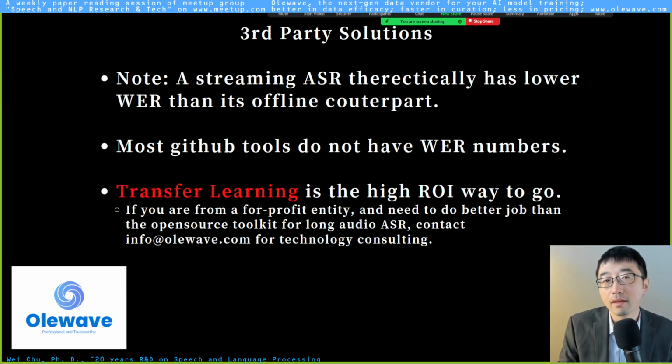What I mean is that for offline speech recognition, your context is the whole utterance or the whole recording, right? You have more information to decide what the current word being spoken was. But for streaming ASR, you can only access the history and the current information, but not the future.